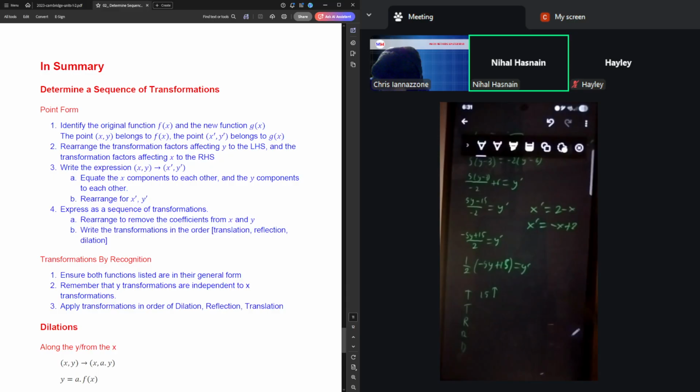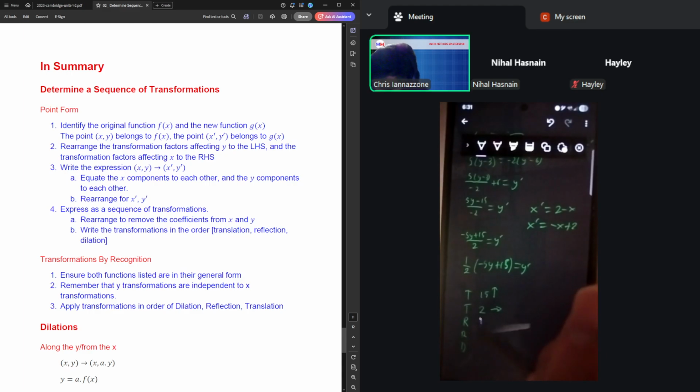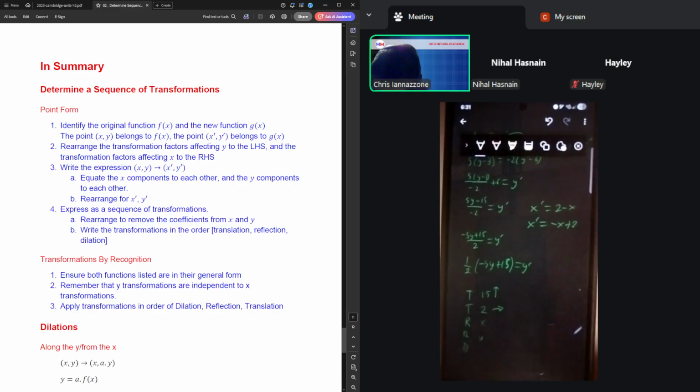And then a translation of 2 units right. Got a couple of reflects going on. Reflection of both axes. You really can't get this wrong because you can do them in any order. So reflection x, reflection y, or the other way around, same thing.